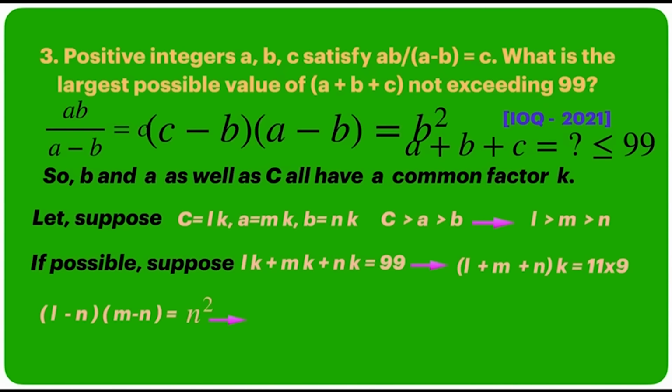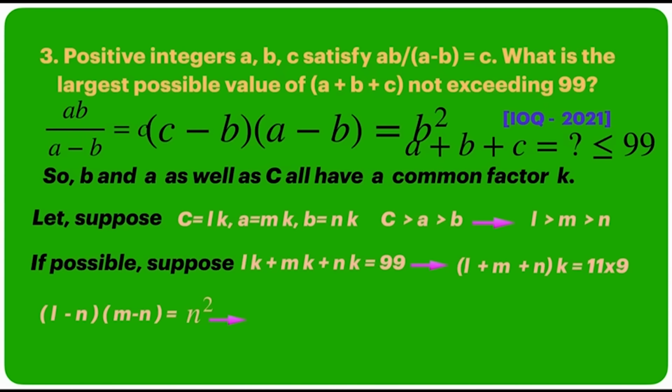So we can guess the values of L, m and n, so that (L minus n) into (m minus n) equals n square. It satisfies this equation, and it also satisfies the criterion that L plus m plus n equals 11. So what will be the values of L, m and n? We have to guess them.